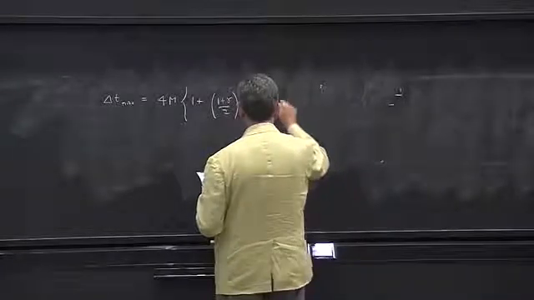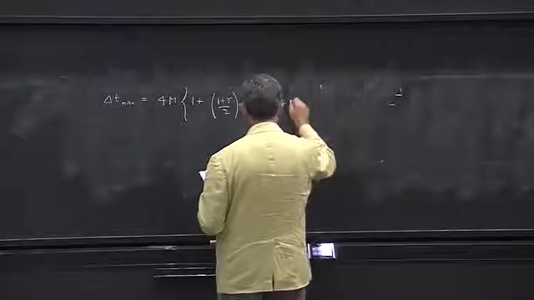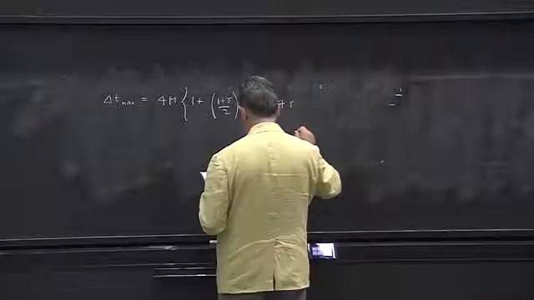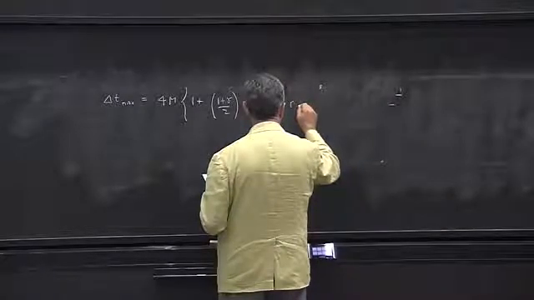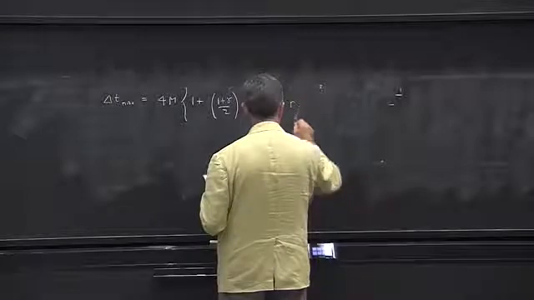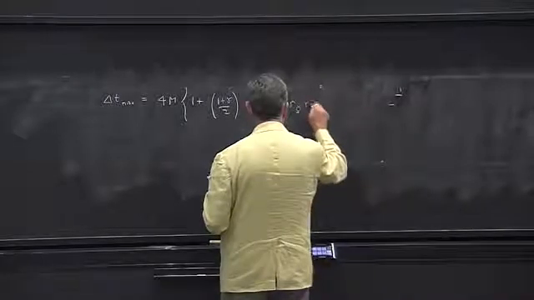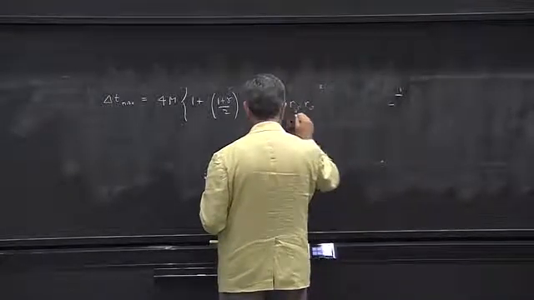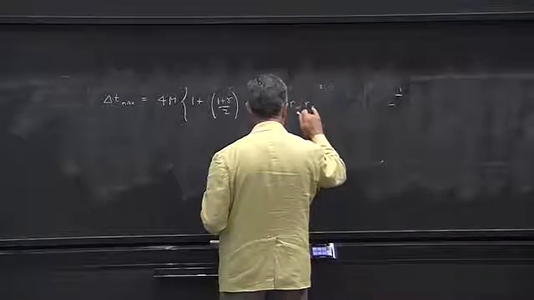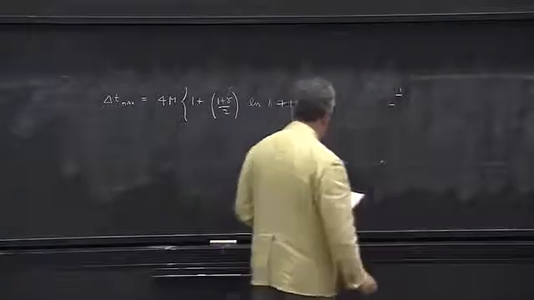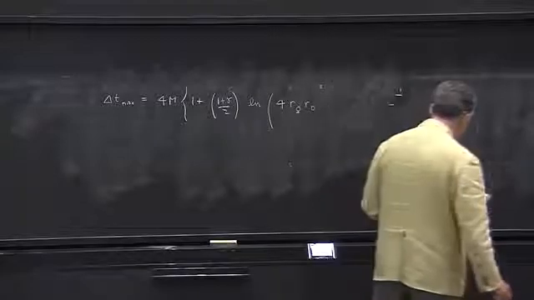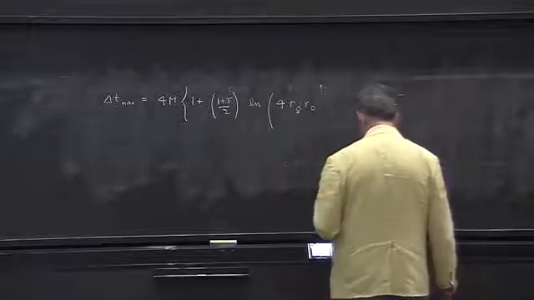Log 4 times the radius of Mercury, radius of Sun, sorry, R0. No, not the radius. Radius of the Mercury orbit.